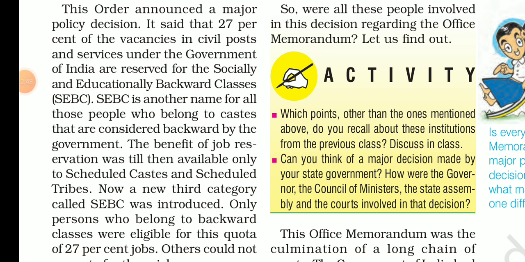This order announced a major policy decision. It is said that 27% of the vacancies in civil posts and services under the Government of India are reserved for the socially and educationally backward classes, that is SEBC. SEBC is another name for all those people who belong to castes that are considered backward by the government.